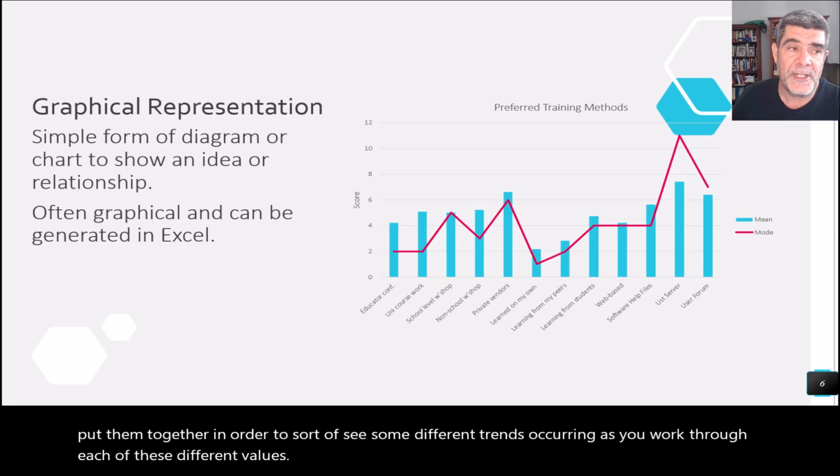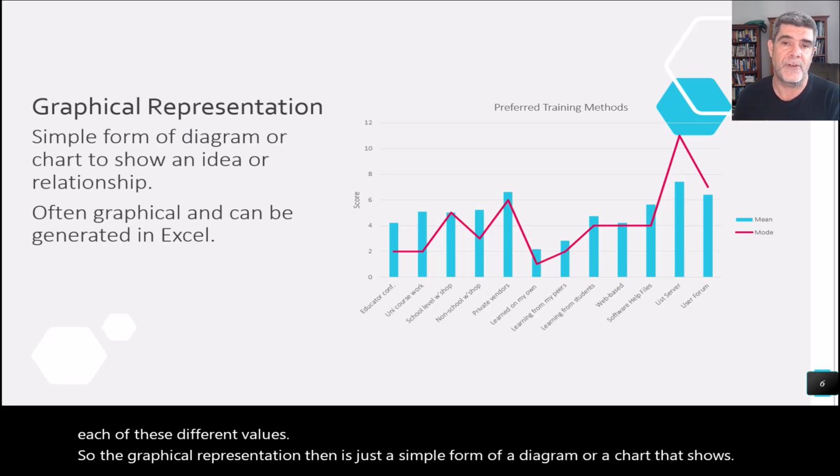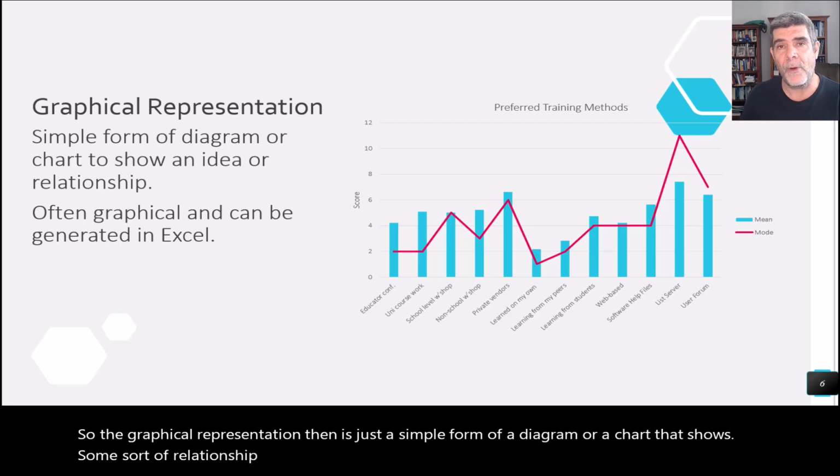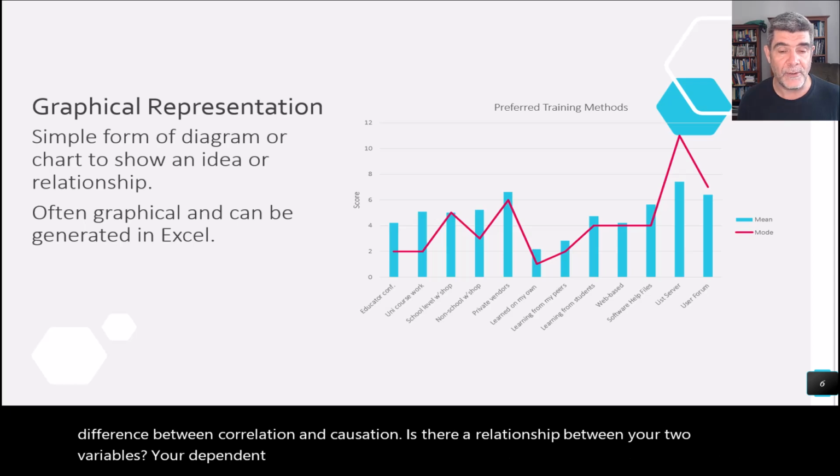So the graphical representation then is just a simple form of a diagram or a chart that shows some sort of relationship. Remember, part of what we're going to be looking at in this section is the difference between correlation and causation. Is there a relationship between your two variables, your dependent and independent variable? Are they showing some sort of correlation?